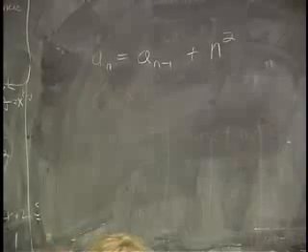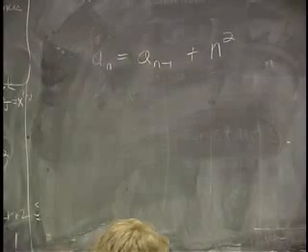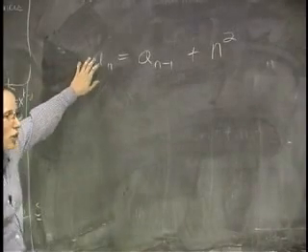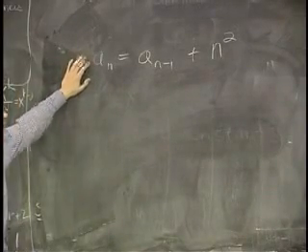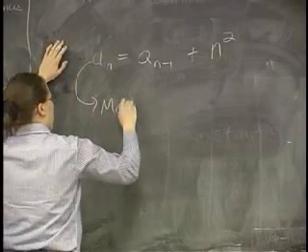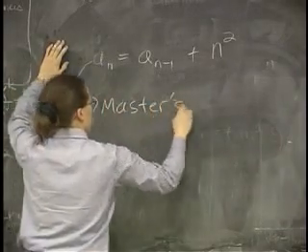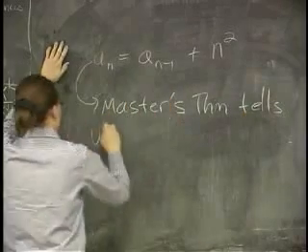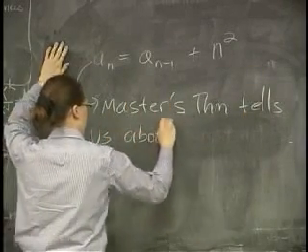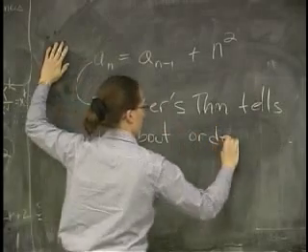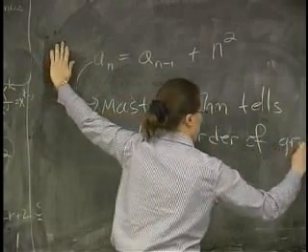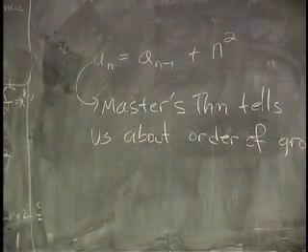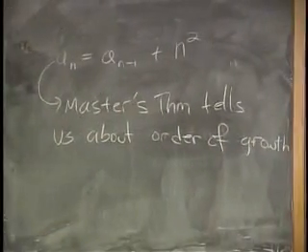Okay. We haven't done anything like this yet today, and that's too bad. Well, we know something from the master's theorem about the order of growth of this, but we don't know a closed formula for solving this kind of recurrence relation.